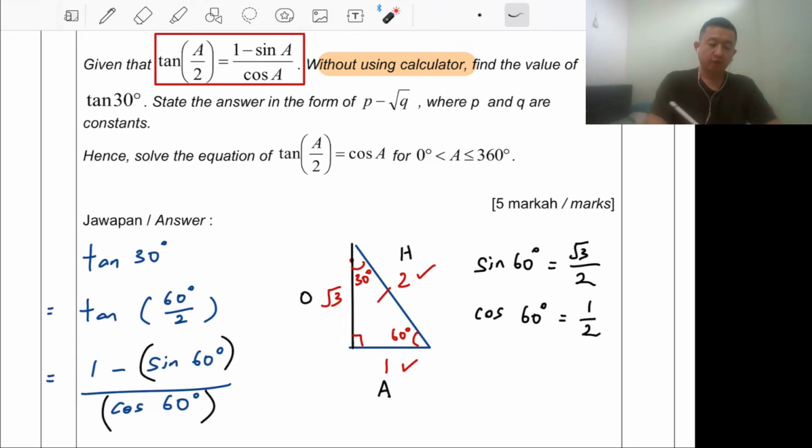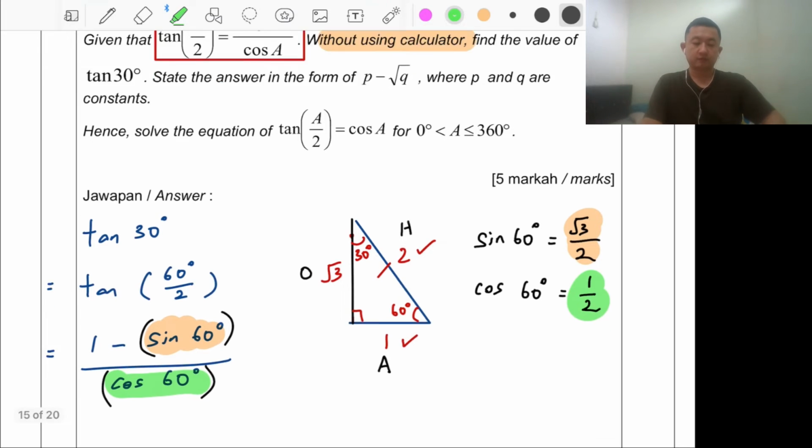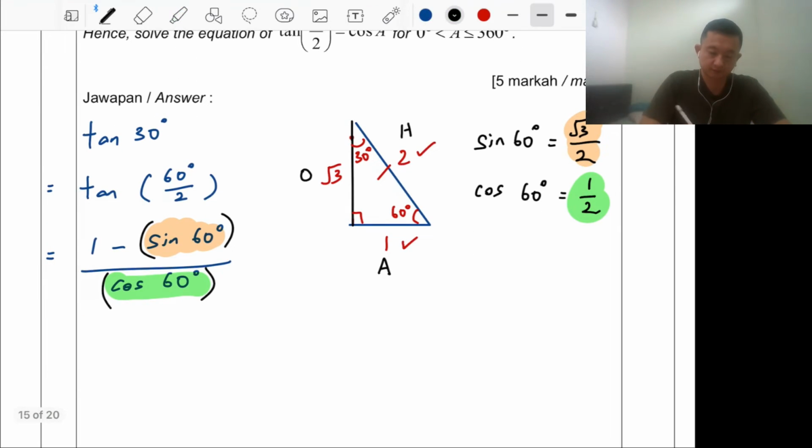Okay, replace it. Replace sine 60 with this, cos 60 with this. Sine 60, root 3 over 2, cos 60, 1 over 2.